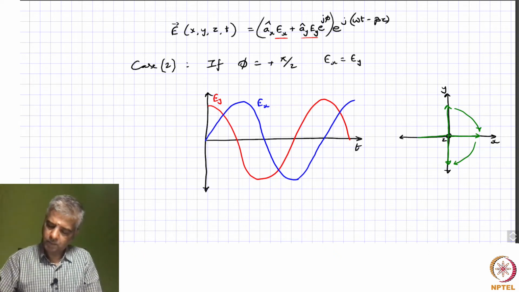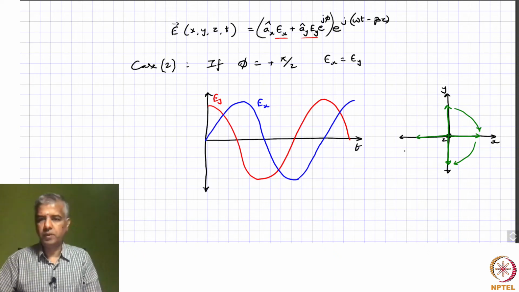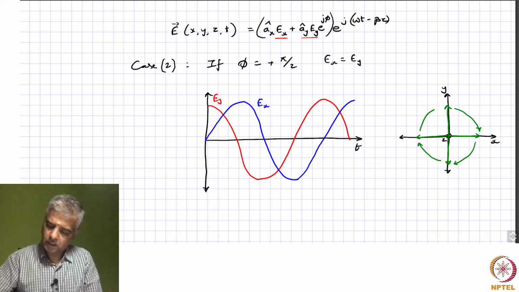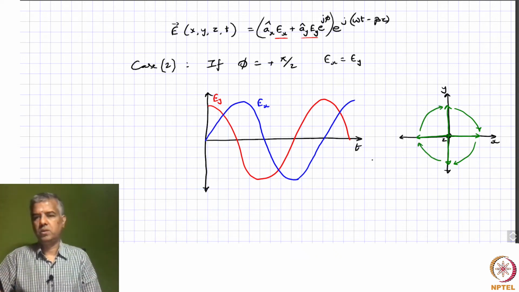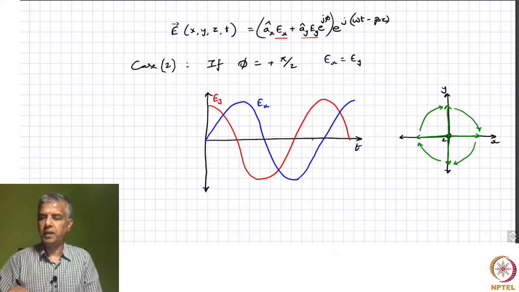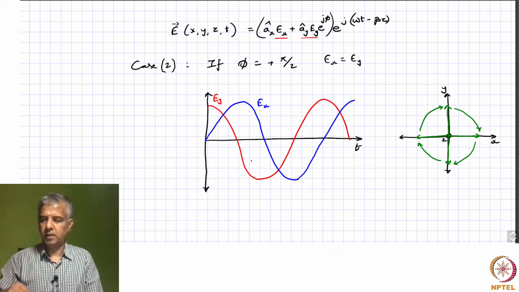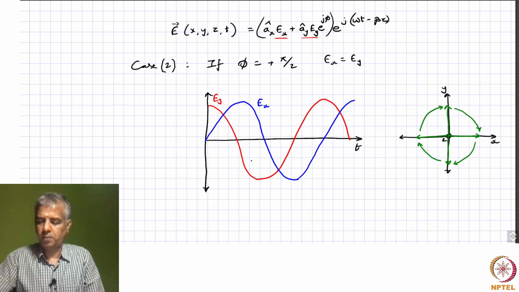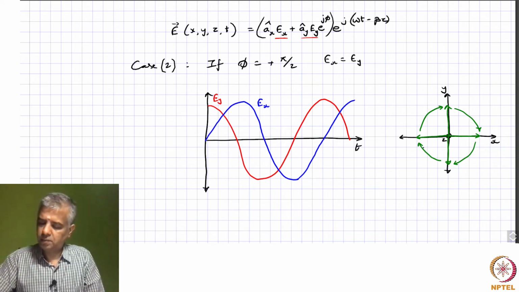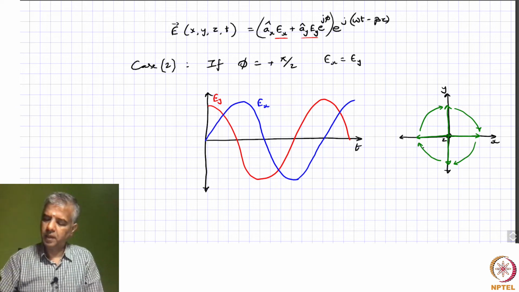and then after some time it goes to maximum of negative x, and then it goes back to its original position where y is maximum and x is 0. Okay. So, this repeats itself as it propagates in space, and with respect to space you can say that this is repeating itself with a wavelength lambda.